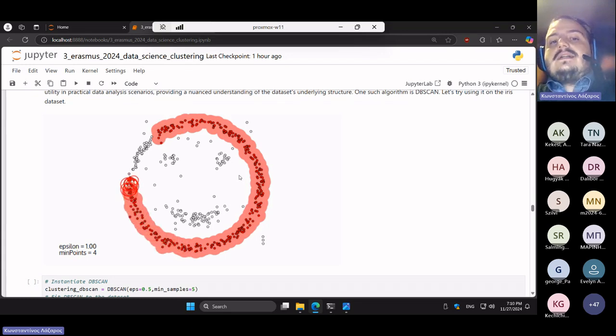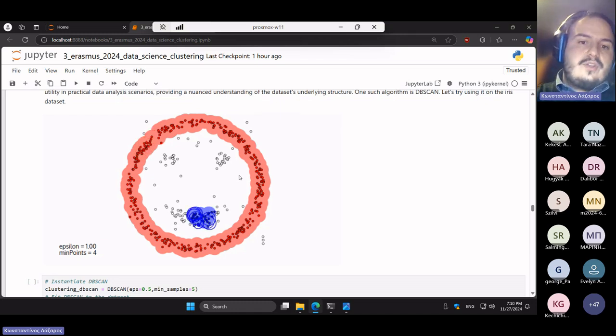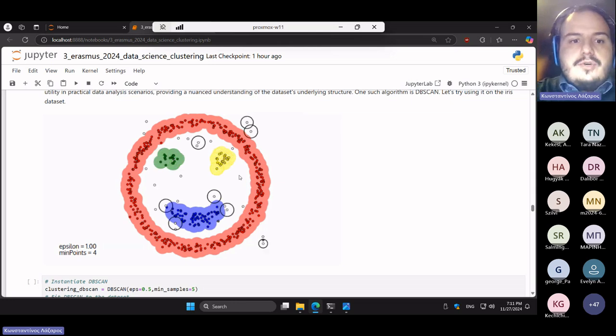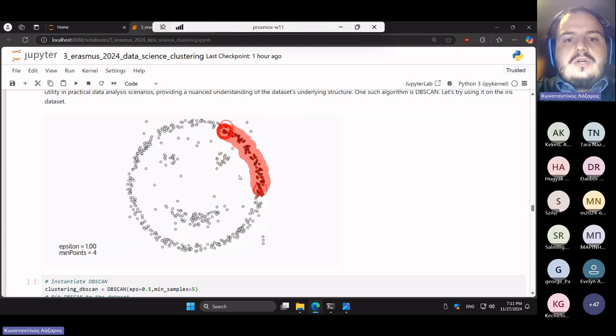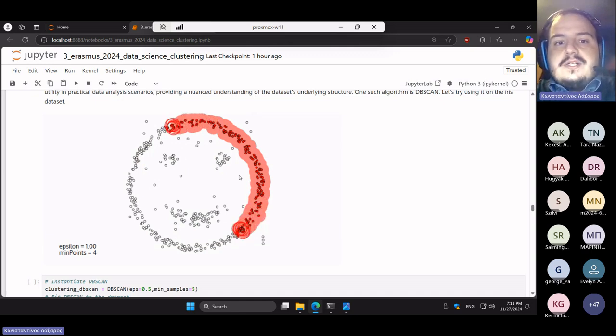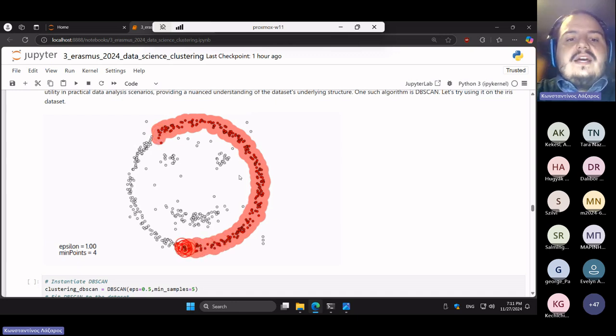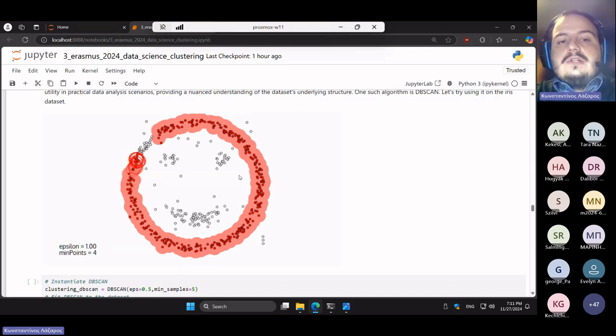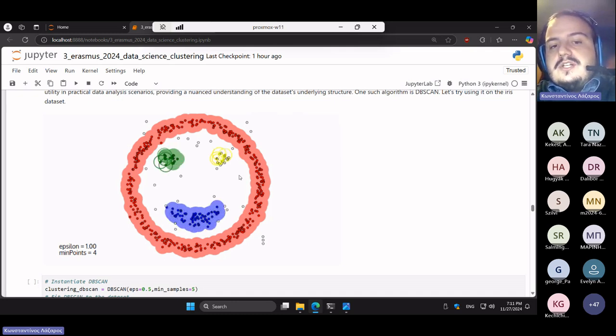You cannot set the number of clusters you want this algorithm to create, which can be a double-edged sword. On one side, it can be an advantage because you will not run into additional bias in your analysis, since you don't have to make that choice yourself. On the other hand, in some cases it can create an excessive amount of clusters or too few clusters in relation to the problem that we have.